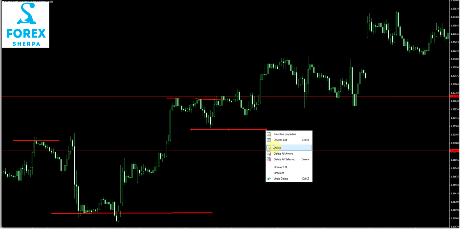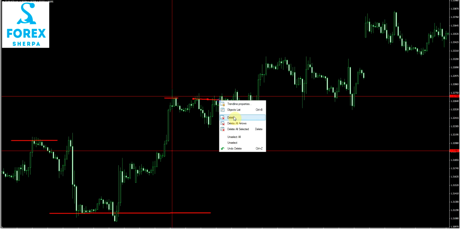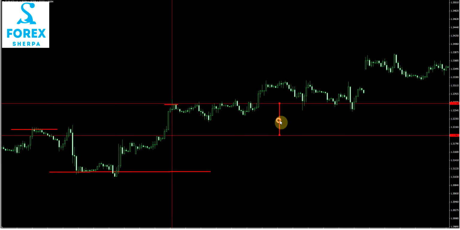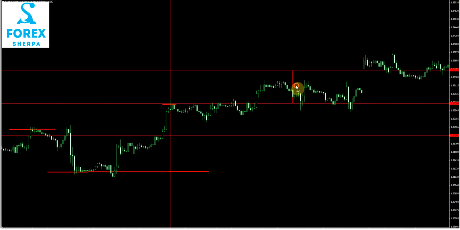So this is our initial risk. We're going to calculate twice the initial risk to get the target. This is the fastest way.